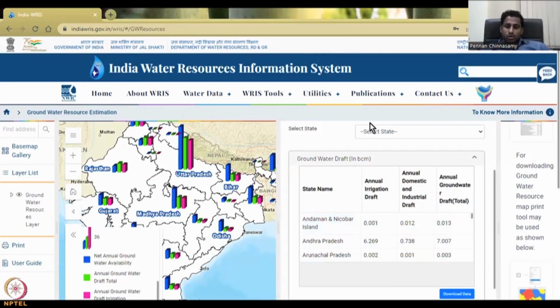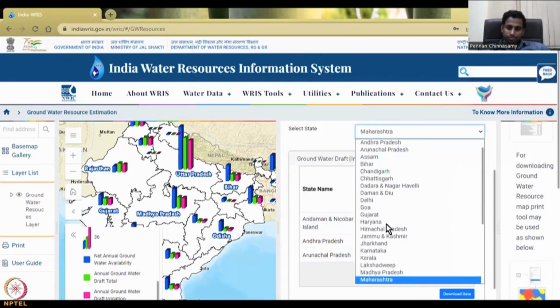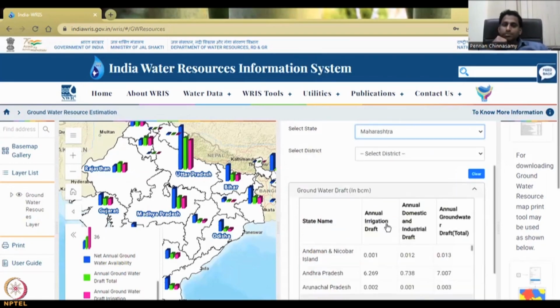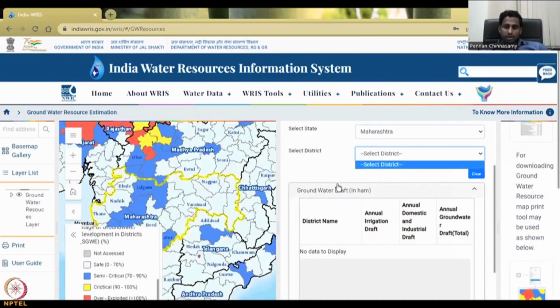Let's look at one state, Maharashtra, for example. Then you can select a district. There are fewer districts right now; it's just getting populated, and you can see the district boundaries coming out.